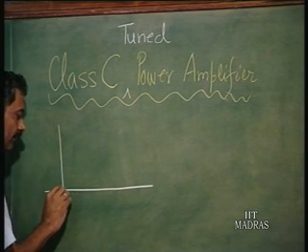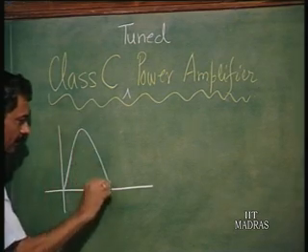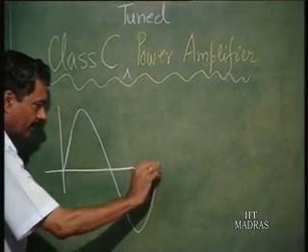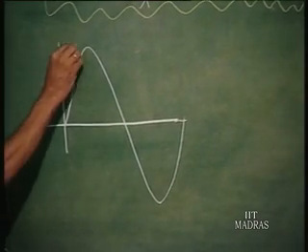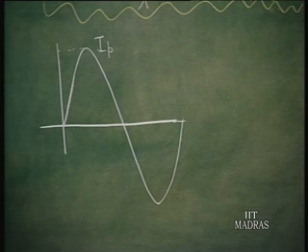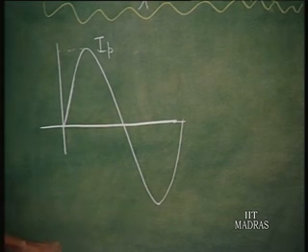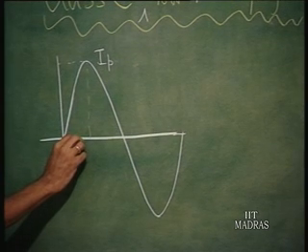That means, let us say for a transistor the normal output current waveform is this, and the peak current let us say is I p, okay, is going to be conducting only for part of the period.